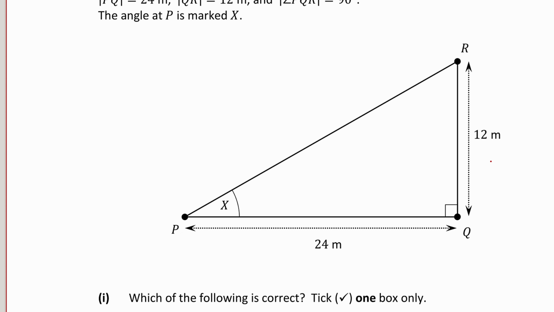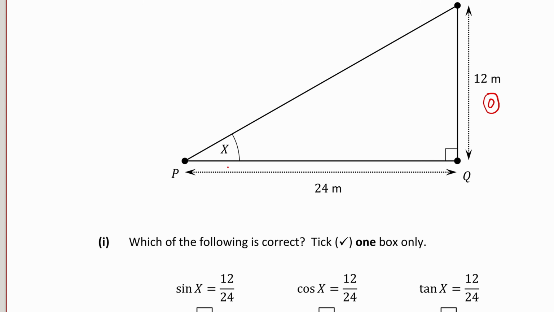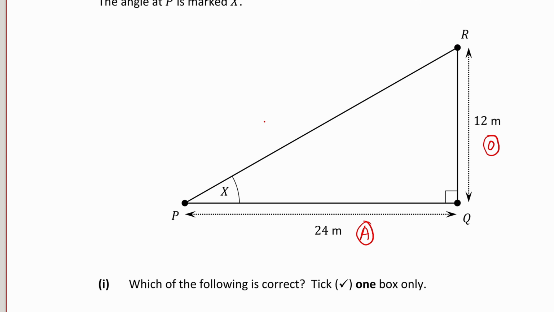Side PQ represents the adjacent side of the angle X. And the last one is the hypotenuse of the triangle.